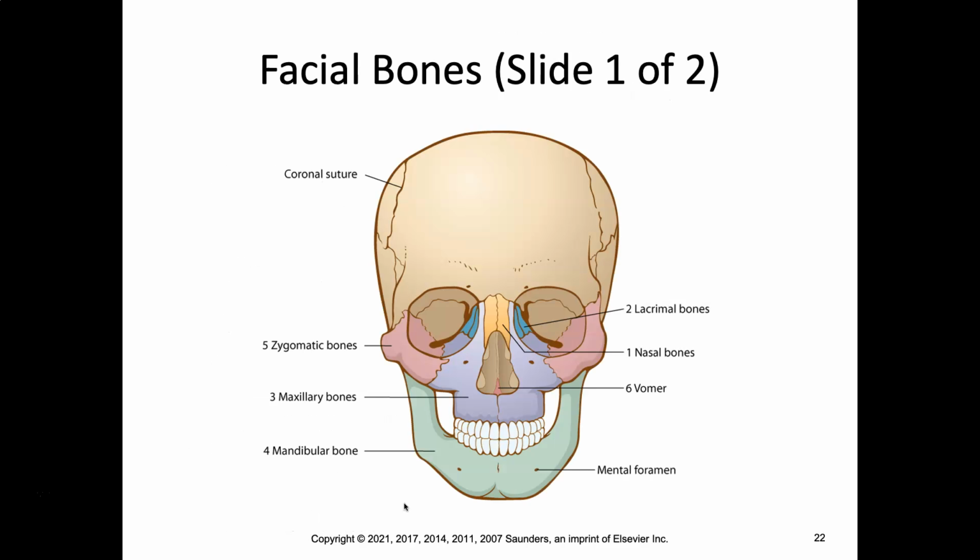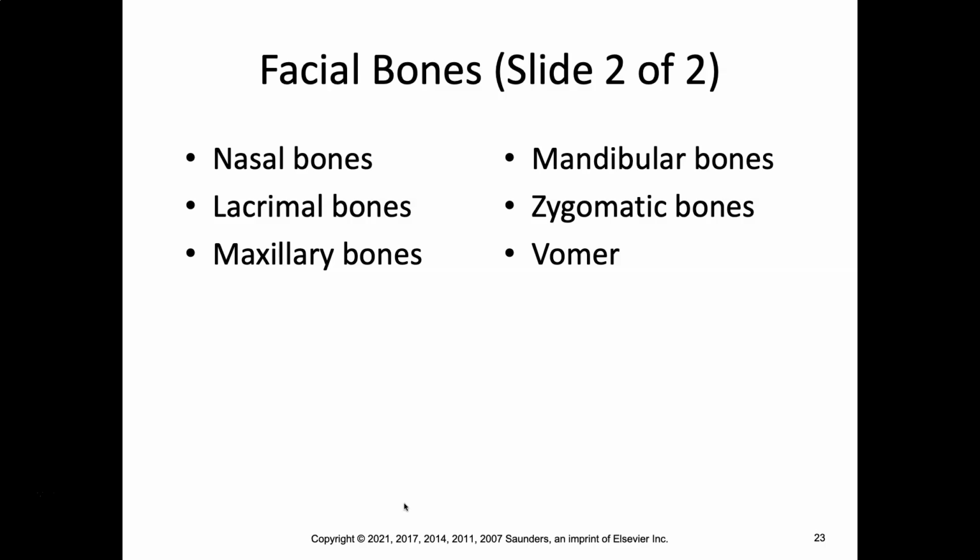And this is from the front, if you were looking at someone's skeleton head on, face to face. And the facial bones are nasal, lacrimal, maxillary, mandibular, zygomatic, and vomer.